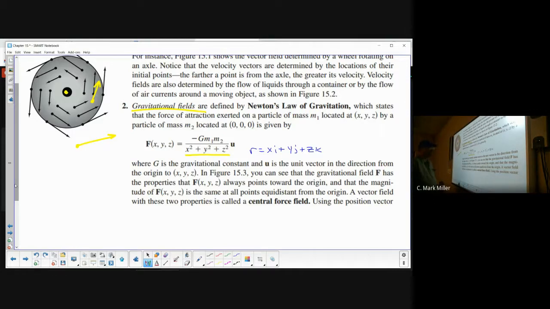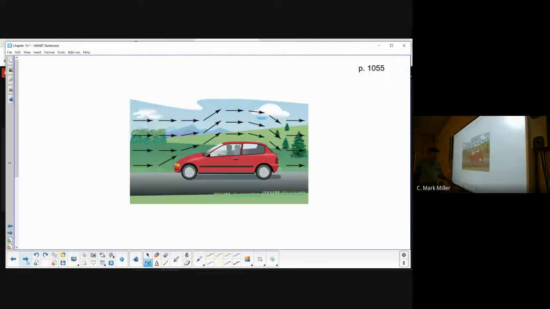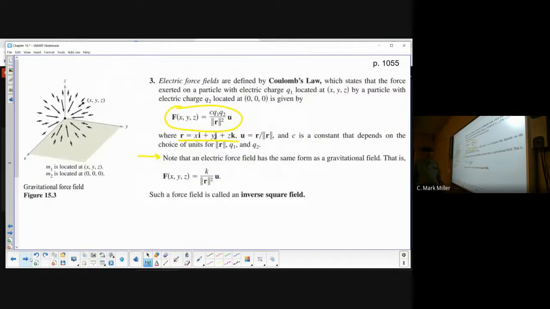Right? And this thing down here is the magnitude squared. Very similar, see, to that.